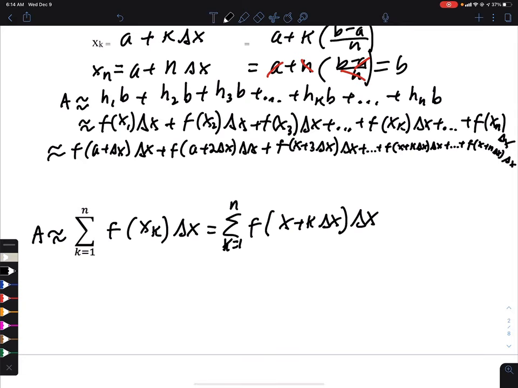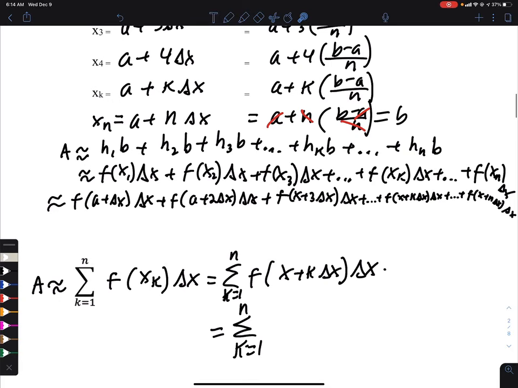And delta x is our width of each rectangle. So this is the height of the rectangle, that's the width. Height of the rectangle, that's the width. Or the final form, we can write like this. In place of delta x, we can put b minus a over n.